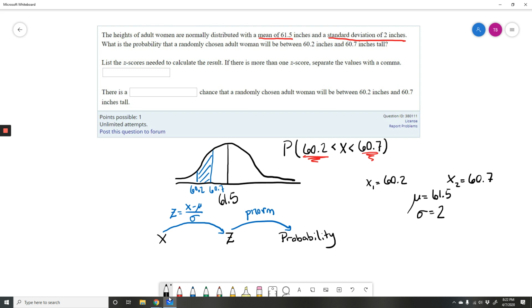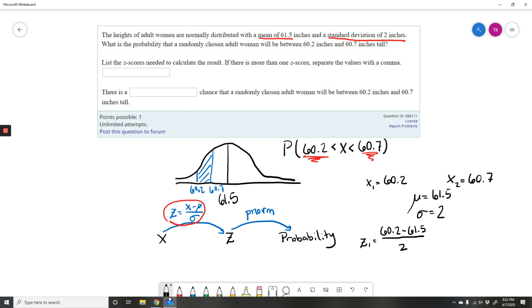Okay, so we're going to do two calculations based on this formula. Calculation 1, our first z, will be our x1, 60.2, minus our mu of 61.5, over our sigma of 2.